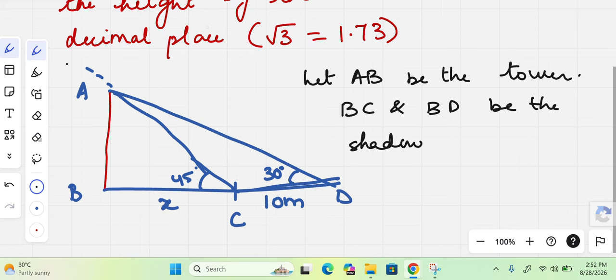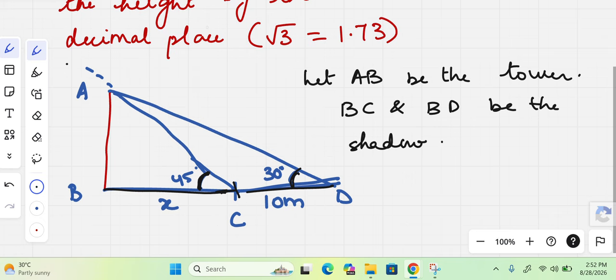This is the shadow. This is BC, which is the shadow earlier when the altitude was 45 degree, and then it increased by 10 and it became 30. So you have made your diagram, you have expressed it.